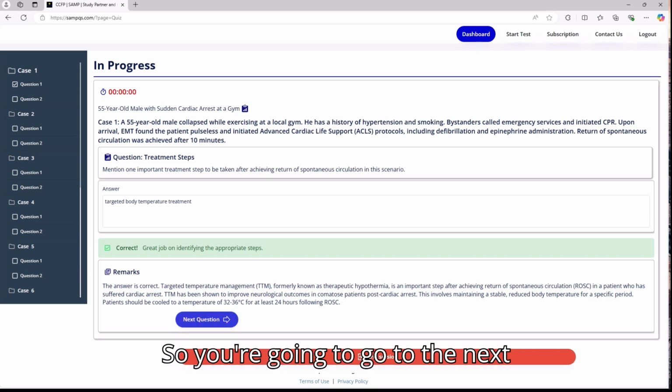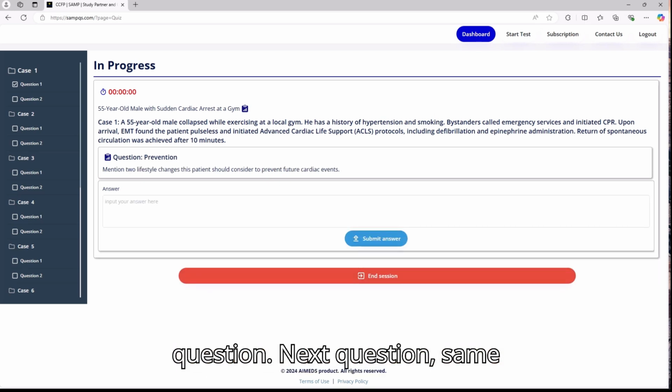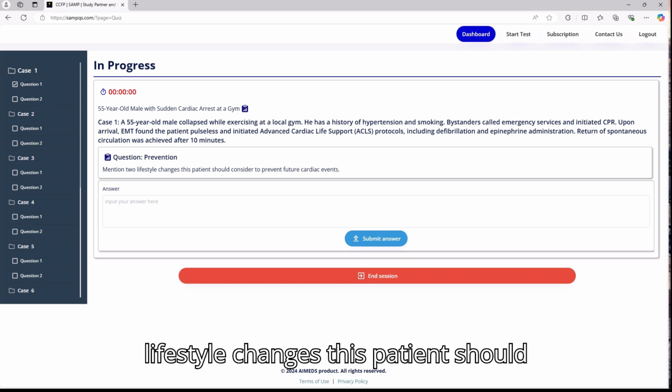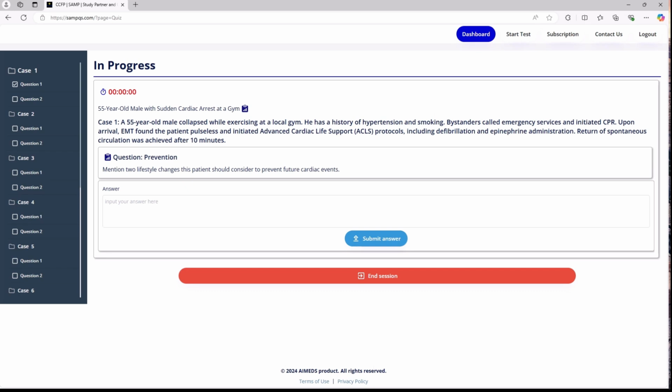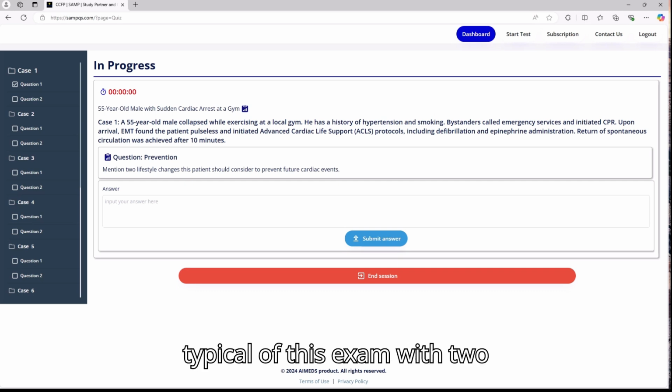So you're going to go to the next question. Next question, same scenario, same case. Mention 2 lifestyle changes this patient should consider to prevent further cardiac events. Very typical for this exam, with 2 lifestyle changes.